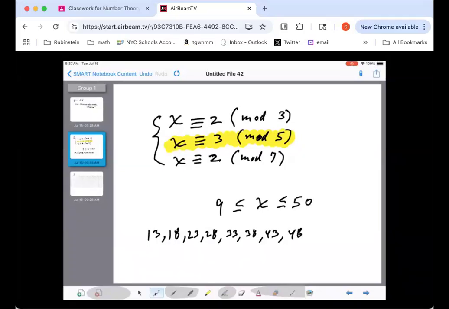So from this middle condition, we're down to 1, 2, 3, 4, 5, 6, 7, 8 possibilities.